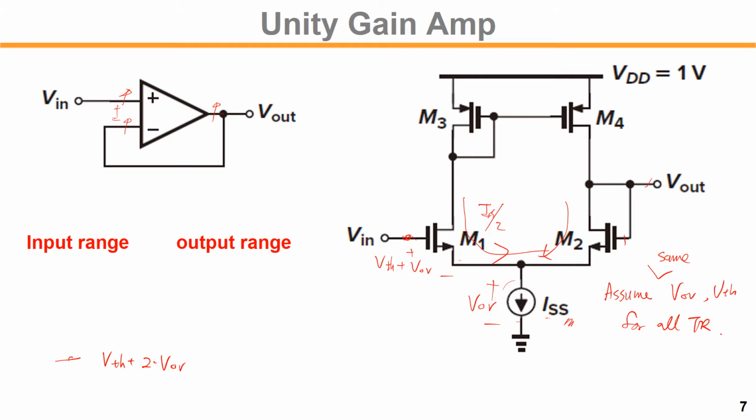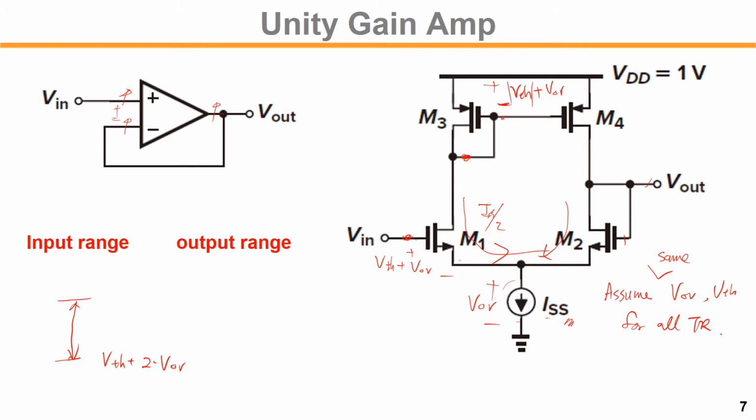What is the maximum voltage you can go to? If you go up and up, which one will first get into the triode region? M1 is this node voltage. What would it be? Always VTH plus V overdrive, right? So positive VTH. Then we have this kind of voltage always there.